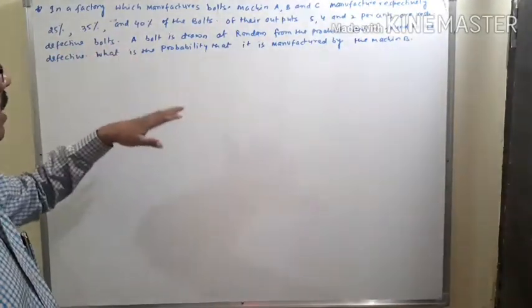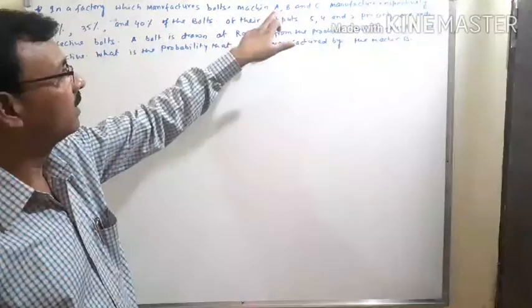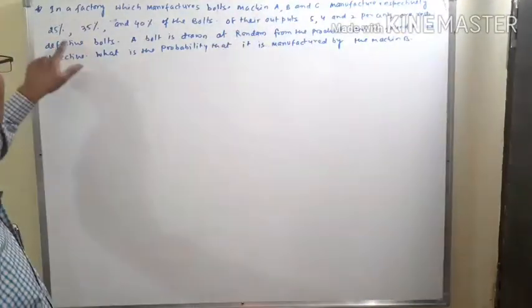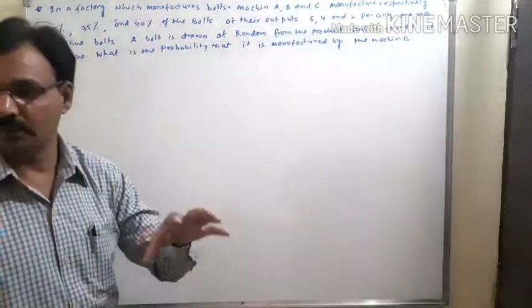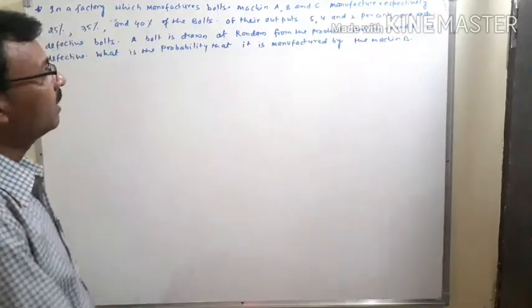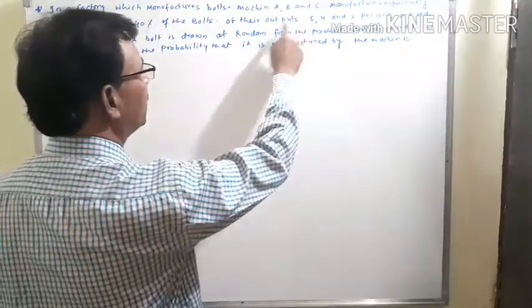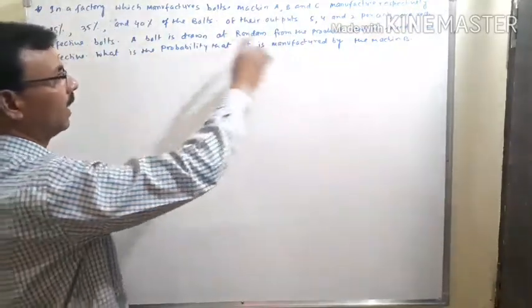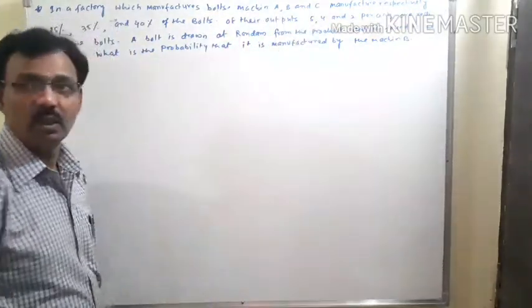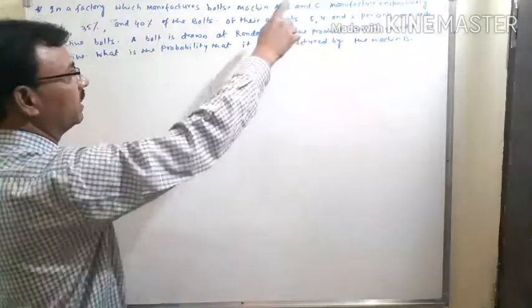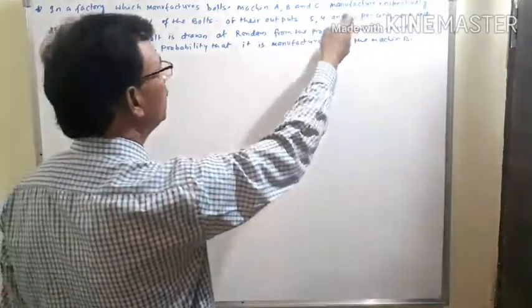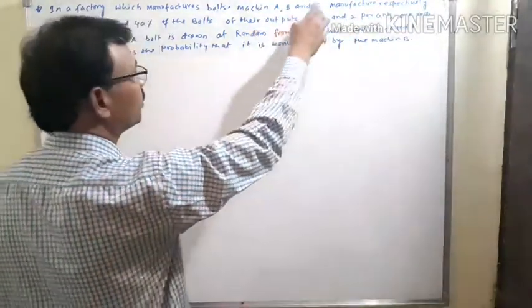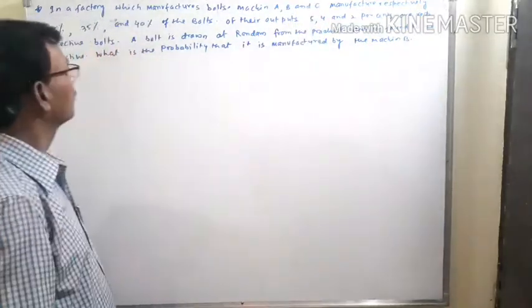That means machine A manufactures 25% of the whole production, but 5% of its bolts are defective, and 4% of the bolts produced by machine B are defective, while 2% of the bolts produced by machine C are defective.